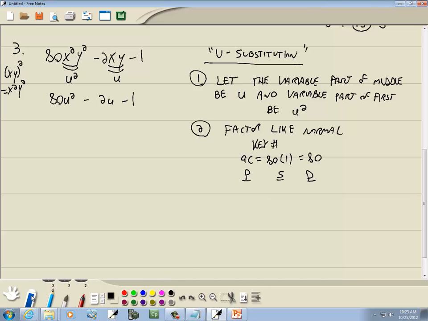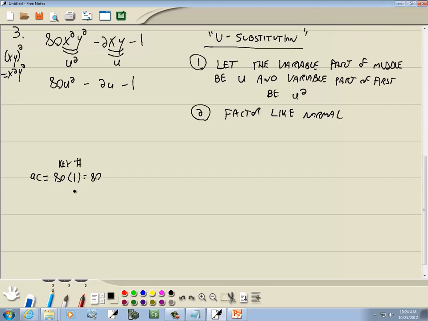Maybe I have room to write it below. Let me do that, just because I don't want you thinking it's part of that. There we go. Let me do it down here. So we'll take 80 times 1, and that gives us 80. Again, this is key number.